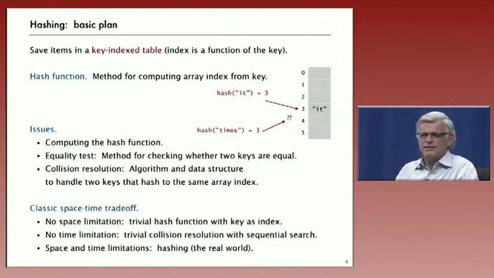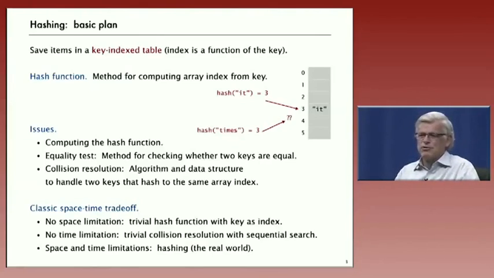Hashing really, at its core, is a classic space-time trade-off. If we had no limitation on space at all, then we could have a very huge array with space for every possible key and just use the key itself as an index. If our keys are 32-bit integer keys and we've got a table of size 2 to the 32nd, then we're just fine. If there were no time limitation at all, then I would just hash everything to the same place and then do sequential search.